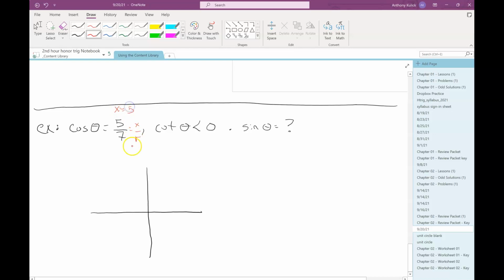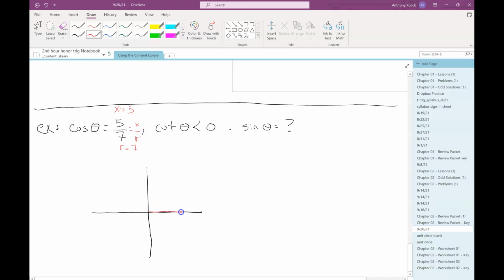So my x is 5 and my r is 7. Everybody's okay with that? And since the r is always the radius of a circle, the r always has to be positive. So this couldn't have possibly been -5 over -7 and then reduced down. Everybody's okay with that? If it involves the r, it always has to be positive.